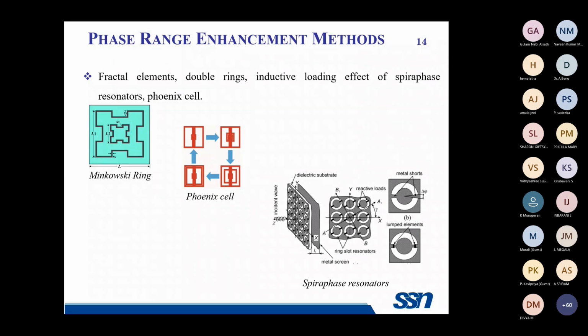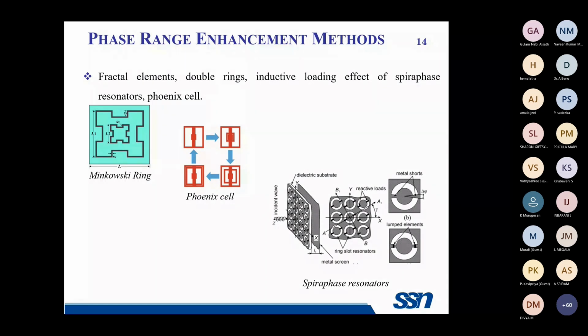We have fractal structures, one particular fractal structure called the Minkowski ring. We can have double rings that will improve the phase variation provided by the element. In the case of the spiral phase resonators, these are circularly polarized reflector array antennas where the inductive loading varies the phase provided by these elements.